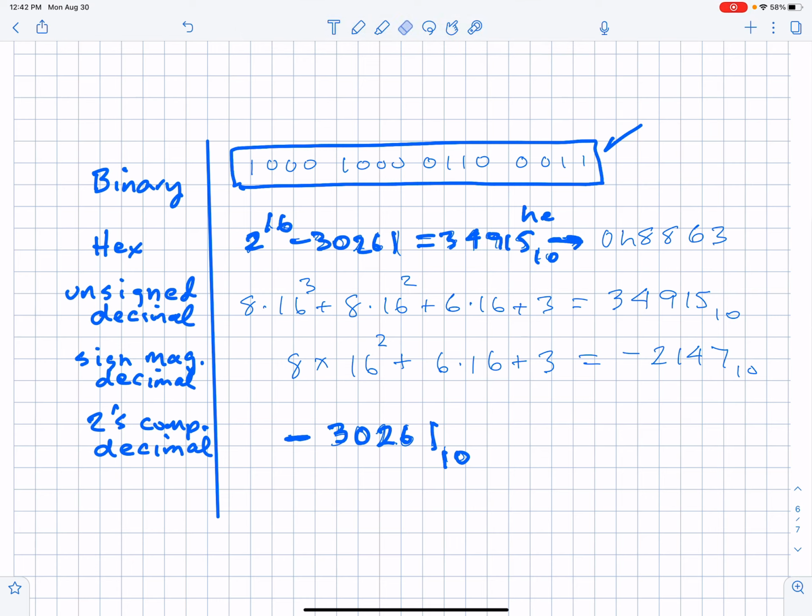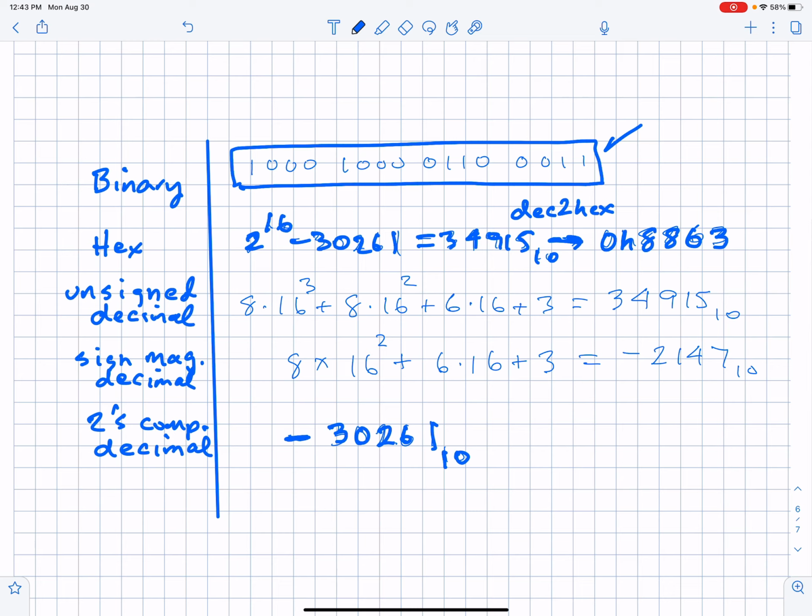And then what I do is I do a conversion decimal to hex. And I admit, I looked this up using MATLAB and got 0H8863. Okay. So had I not looked it up, I would have needed to divide by 16s in there to get this result. But the point here is not the mechanics of going decimal to hex.